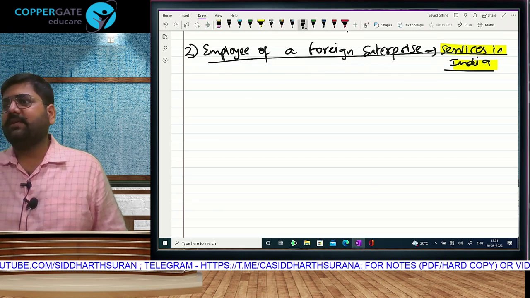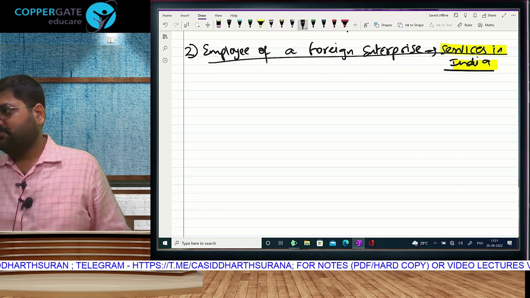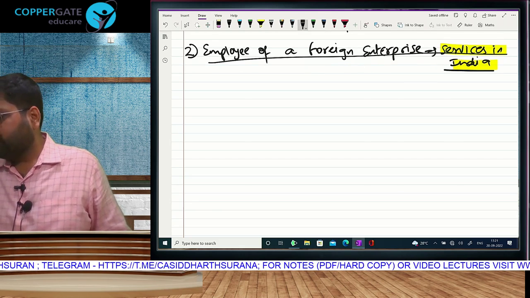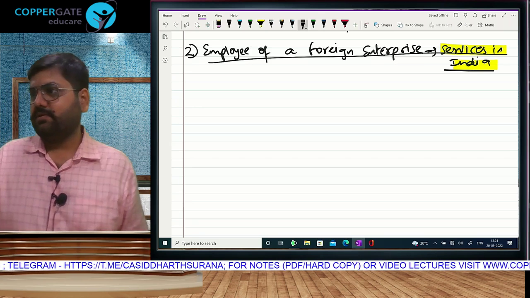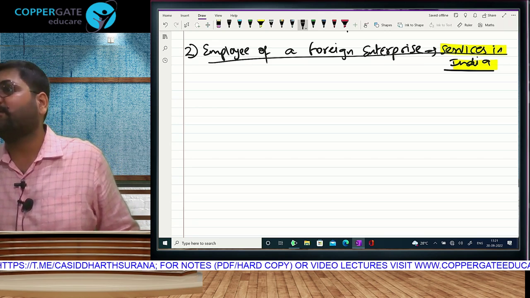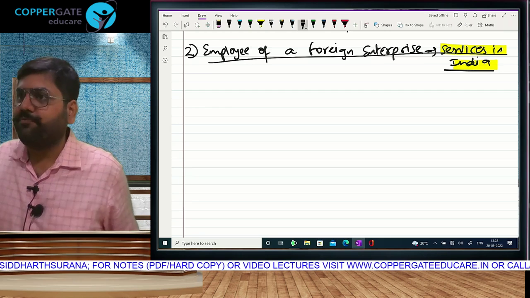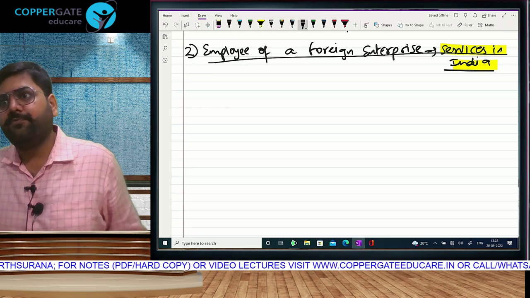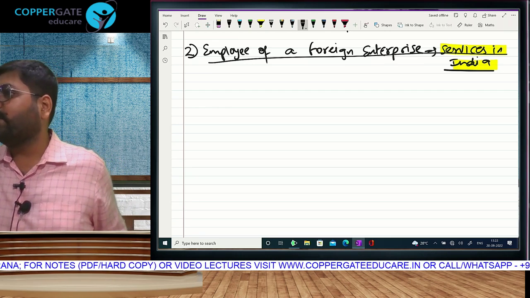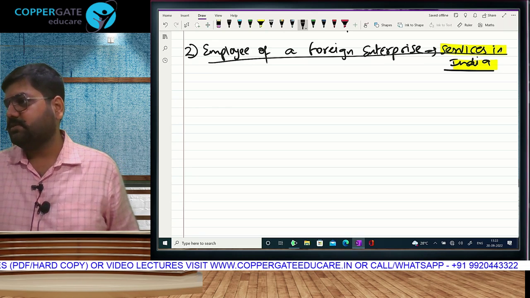So the salary that he will get is Indian income. Correct? But we don't want tax on that. Any foreign, and they have used the word enterprise, not company. So can it be employee of firm, employee of foreign AOP, employee of foreign LLP, employee of foreign charitable trust, and where is he giving his services?